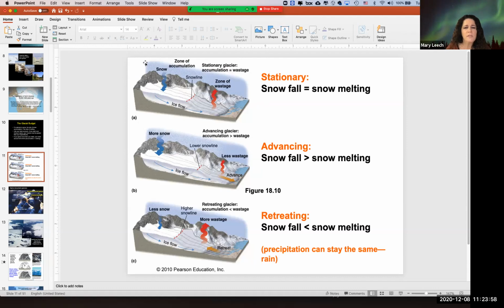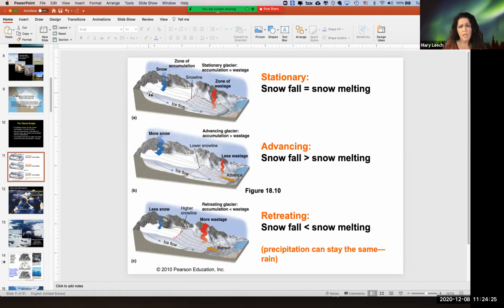So here's an example. I want you to make sure that you understand that there's a zone of accumulation that is up higher on the glacier. So that's up in the mountains where more snowfall is happening. That's where the glacier accumulates the snow and starts to grow.